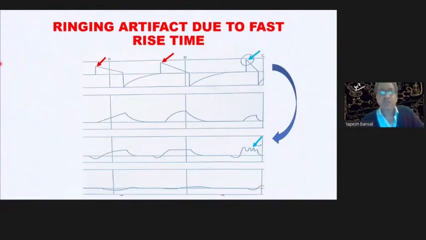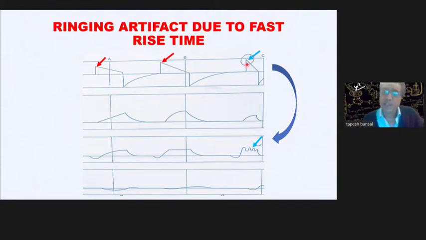Now, last slide. This is called ringing artifact due to fast rise time. So here, you can see, this is the rise time, okay? This is the rise time and this here is the flow scalar and you increase the rise time here, okay? This is a shorter rise time, this is a faster rise time and this is even faster.